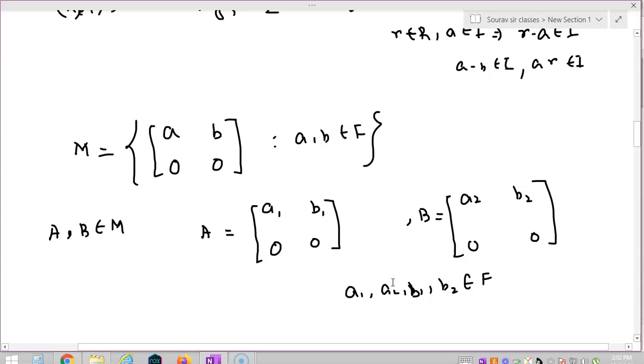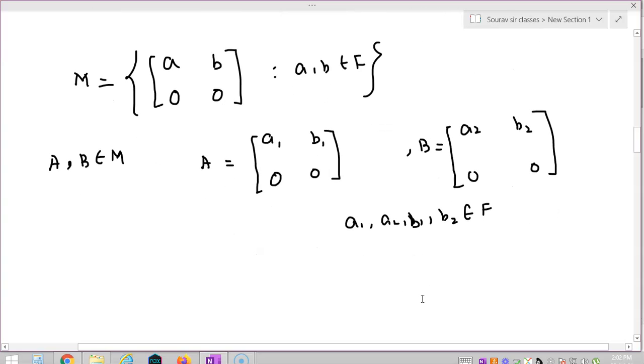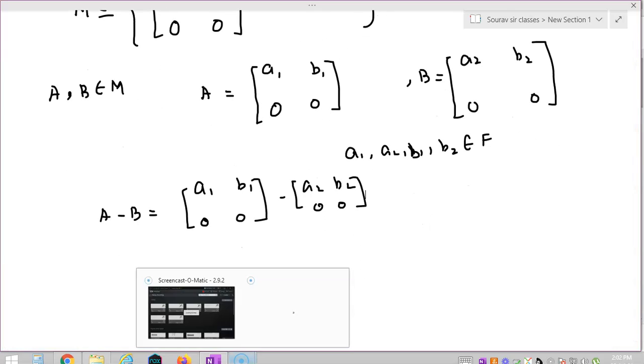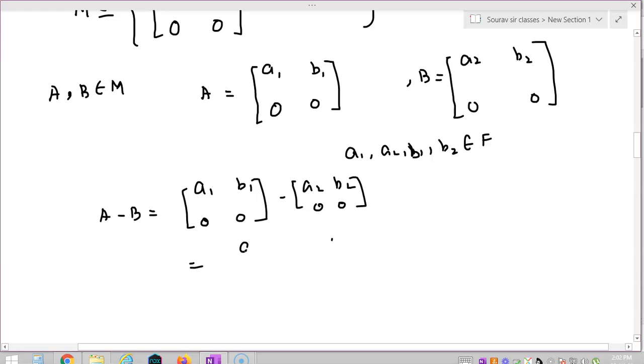Now let us start with A minus B. A minus B is equal to [A1, B1; 0, 0] minus [A2, B2; 0, 0]. If we subtract the second matrix from the first matrix, I will get [A1 minus A2, B1 minus B2; 0, 0].